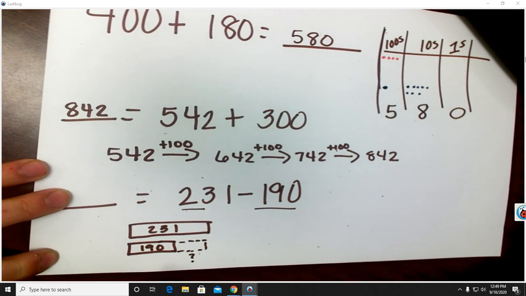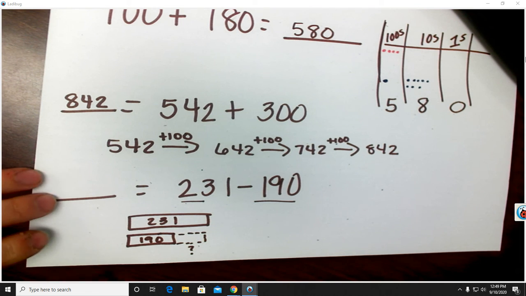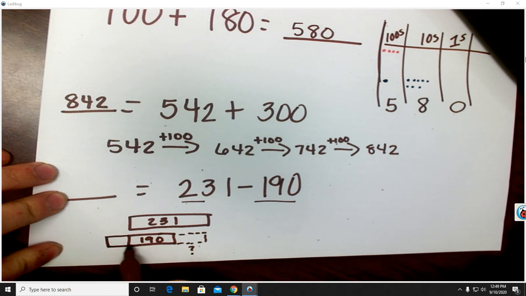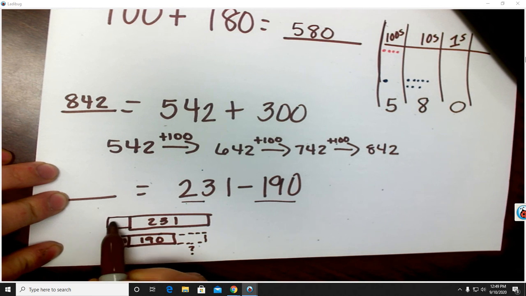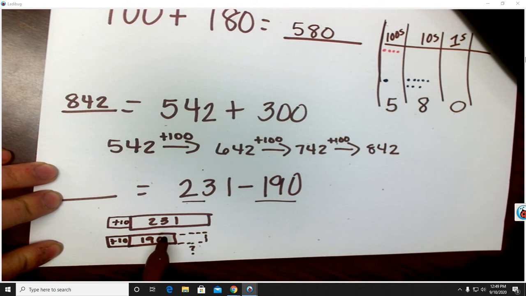Okay, so you're thinking to yourself, well, which one of those numbers is closest to a benchmark number? So I know that 190 is only 10 away from a 100, so I'm going to add plus 10. But since I added plus 10 here, I also have to add plus 10 to this one. So now I have a new subtraction equation.